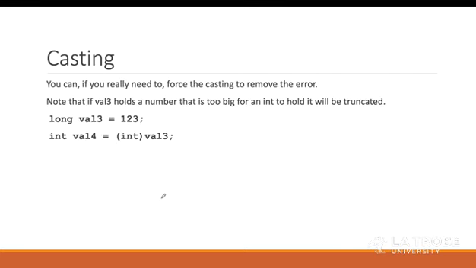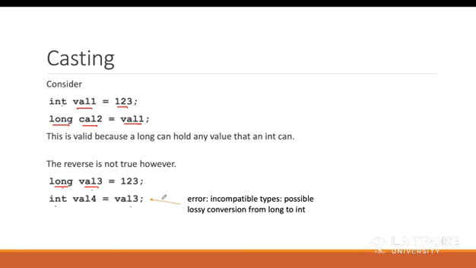Now, if you sometimes really need to cast, you can do a force casting to remove that error. So let's say this one is giving you an error; to remove the error, you can make this one an integer. How you do it is just by force casting it: opening round bracket, you just type int here, and then closing round bracket.